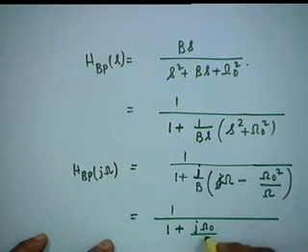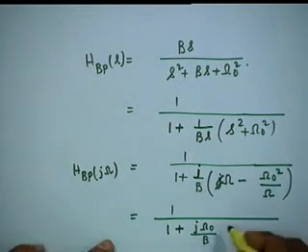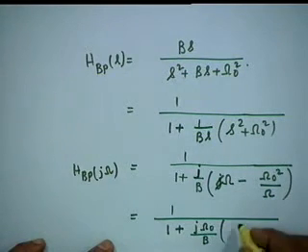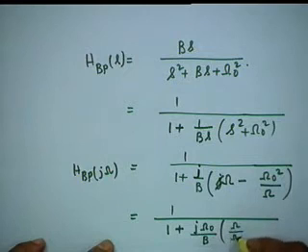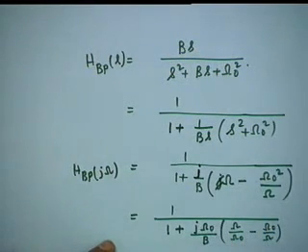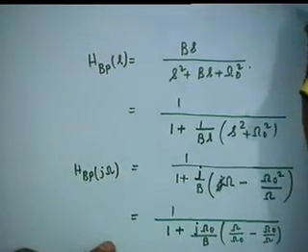Let us take omega 0 also out. I am writing it in a particular form. Then I can write this as omega by omega 0 minus omega 0 by omega. Agree? What is omega 0 by B?